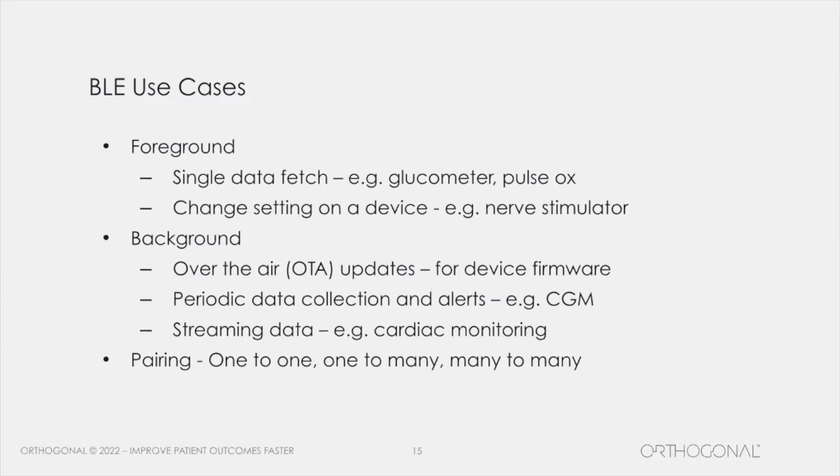Periodic data collection alerts, so CGMs as an example, where again every couple of minutes you're getting data, and then on the application or on the watch, you're getting alerts and you can actually see what's happening, hypoglycemic and hyperglycemic events, etc. And then streaming data, so cardiac monitoring would be one of those things where you are pulling waveform data on some kind of a sampling level continuously, and either viewing that or also pulling that through to the back end for algorithms for monitoring and risk stratification, etc.